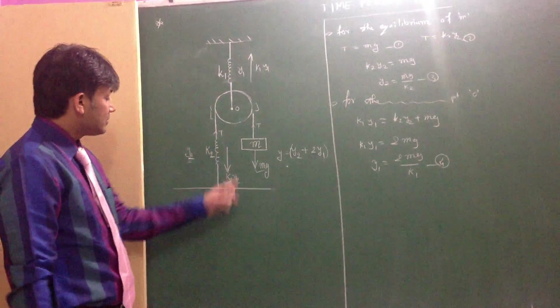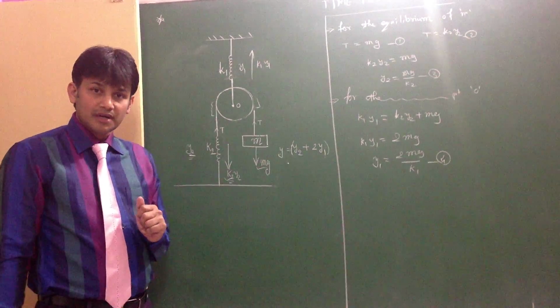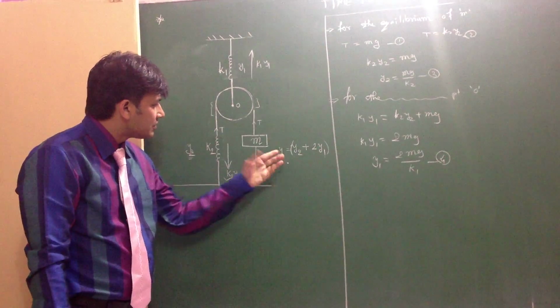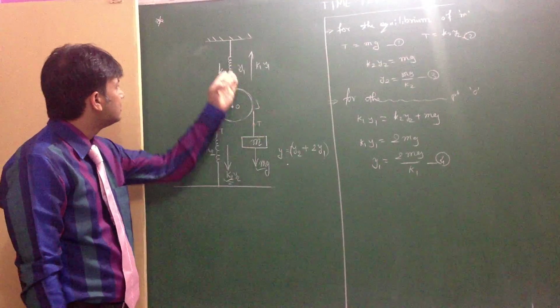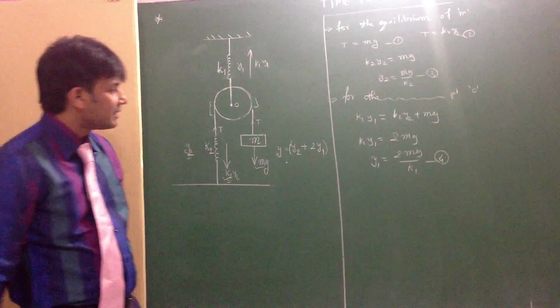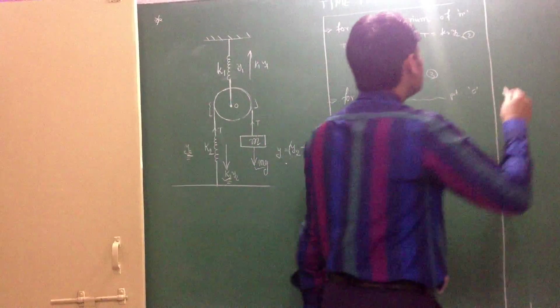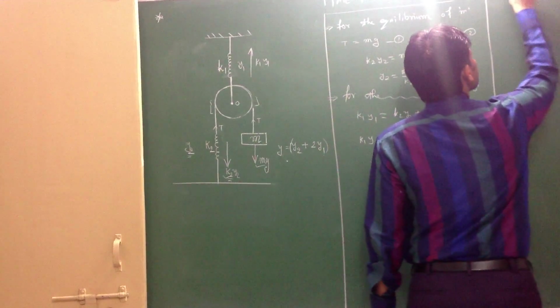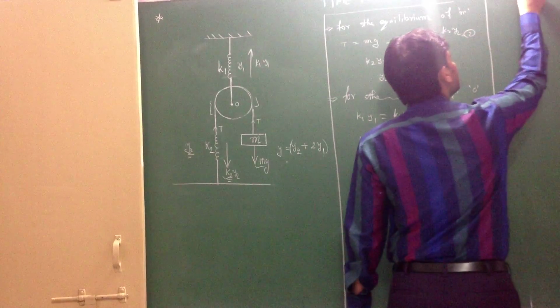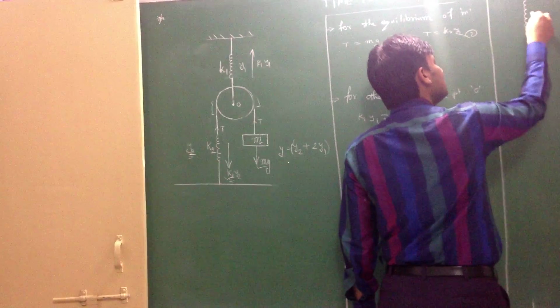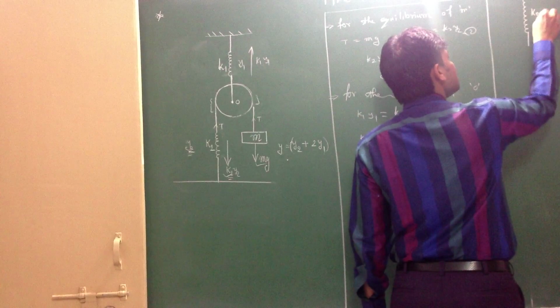Now we want to obtain the time period for this mass m, but the displacement of the object is very awkward. It is not equal to the increase in length of the spring. So I have to consider one equivalent spring. Imagine that this is an equivalent spring. Force constant is K equivalent.